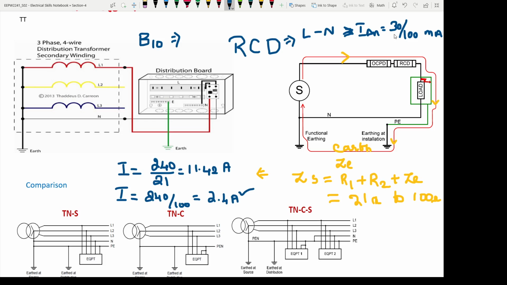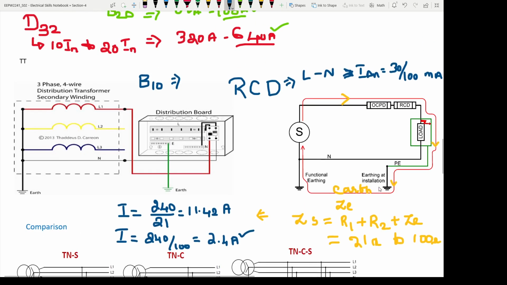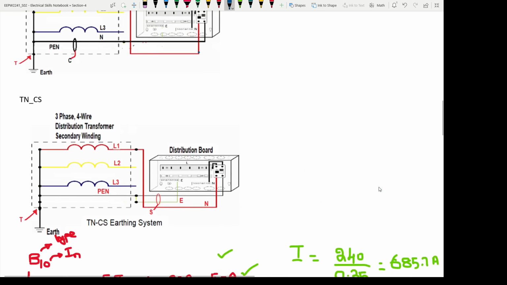Okay. So, TT has its own advantage, TNS has its own advantage, and TNCS has its own advantage. According to the requirement, we can choose the earthing mechanism. This is a simple comparison for the same type and same rating of MCBs, of how the fault current differs and how the tripping time differs for these different earthing mechanisms we have seen.